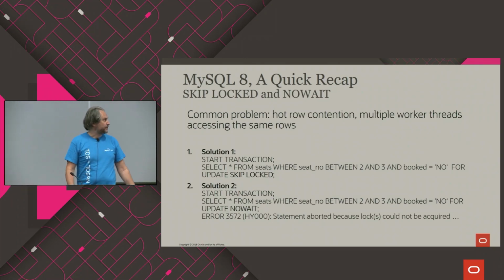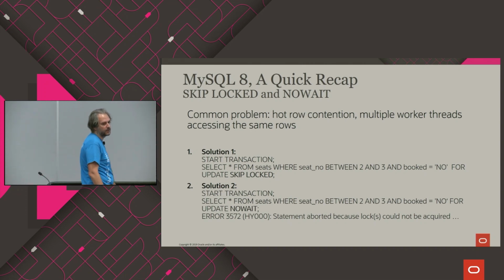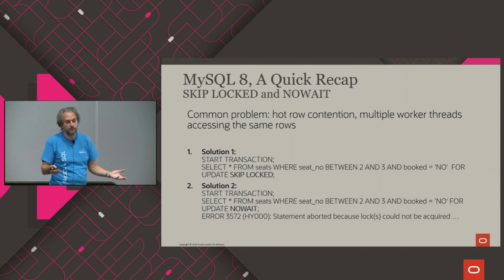Very interesting features like SKIP LOCKED and NOWAIT. Imagine you are choosing seats in a theater or on a plane, and somebody else is trying to book those seats. This means that those corresponding rows will be locked, so you won't even see them at all, because your select will skip those locked seats, and you will have a real picture of what you can book.